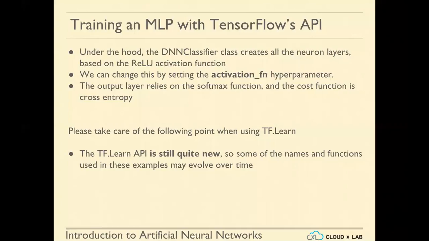If the cost function is 0, that means we are good. If the cost function is not 0, that means it's not right. We'll talk about the cost function in a while.